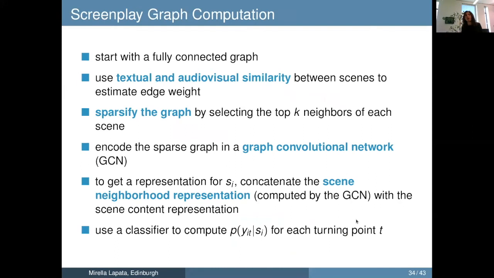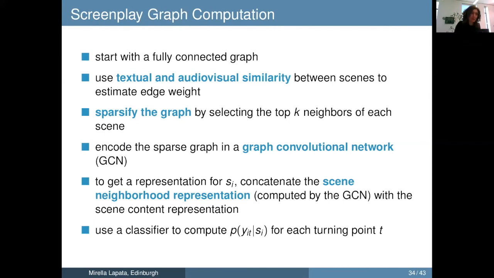Okay, so how do we build this screenplay graph? We start with a fully connected graph, and we use textual and audiovisual similarity between the scenes to estimate the edge weight. Once we have this fully connected graph, we will sparsify it by selecting the top K neighbors of each scene.